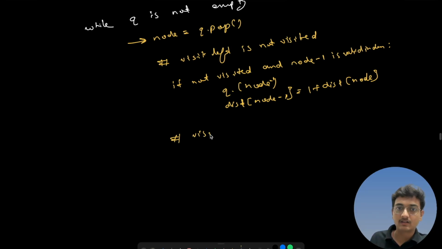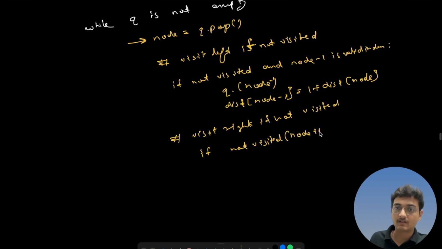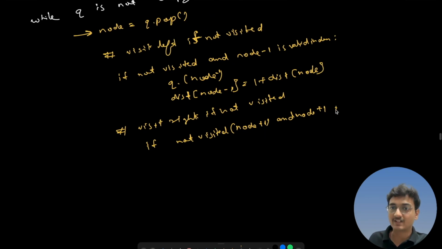Now visit the right node, if not visited. If not visited of node plus one, the right one, and node plus one is a valid index. I need to check for a valid index.